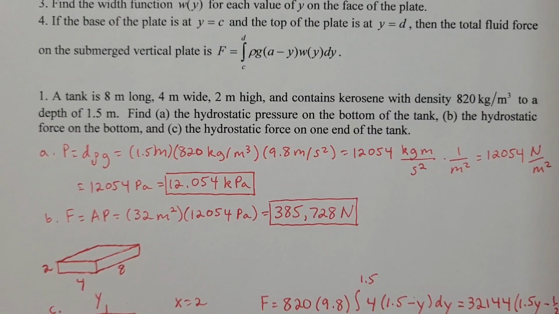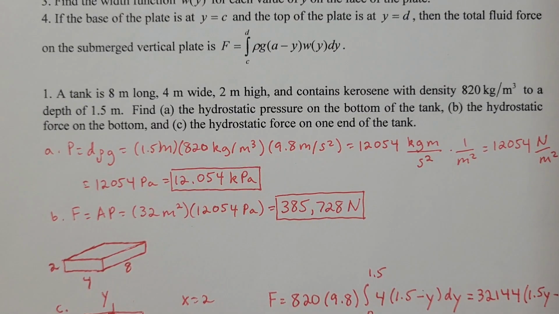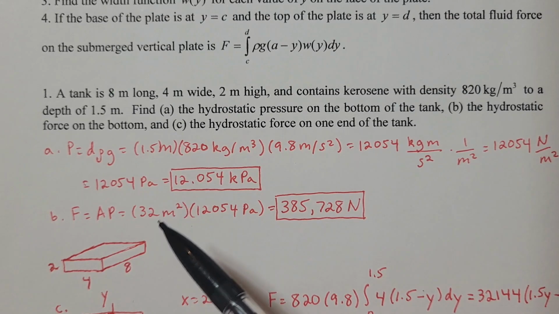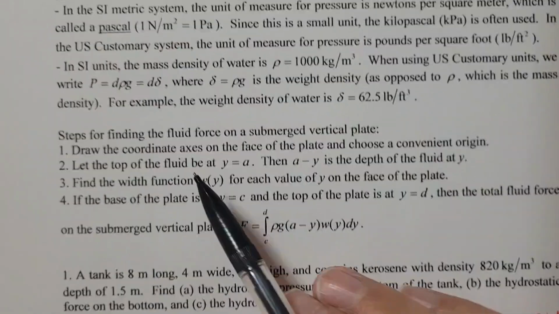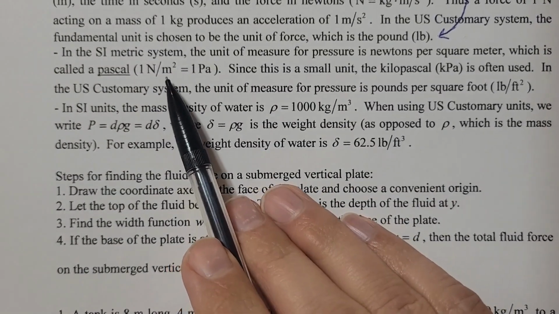Now, 1 Newton per square meter is defined as a Pascal, so I can have 12,054 pascals. Again, the unit of pascals is kind of small, 1 Newton per square meter is 1 Pascal.